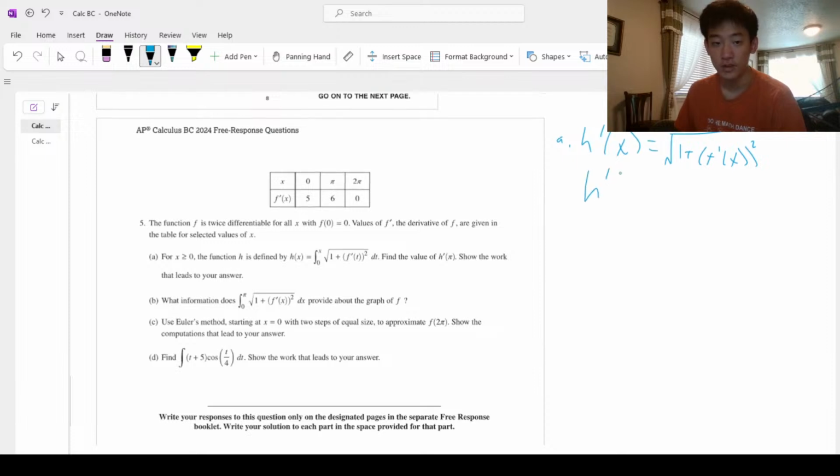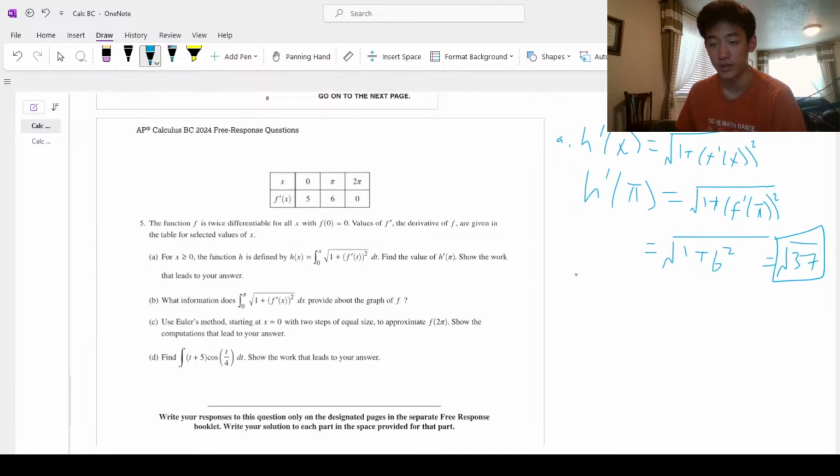So h prime of pi equals the square root of 1 plus f prime of pi squared. F prime of pi, we know to be 6. So this is the square root of 1 plus 6 squared, which equals the square root of 37. That's it, and that is a completely acceptable way to put an answer in for a response.